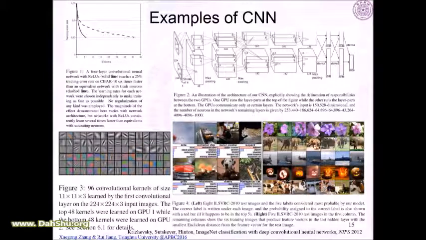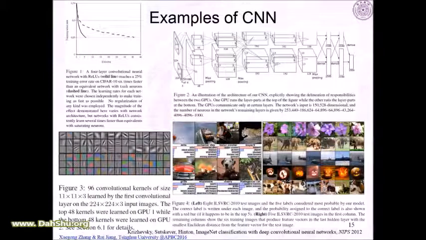If you use the sigmoid function, the learning curve is like this. This is error, this is the training. And with the rectified ReLU function, they have a much better training speed. So that's why ReLU became popular.